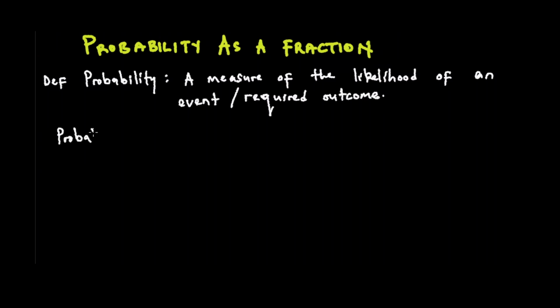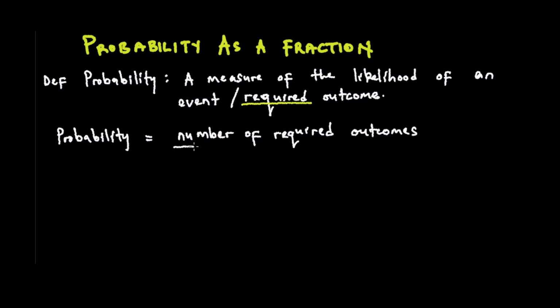Probability in mathematical terms is equal to the number of required outcomes. So, number of required outcomes, and I want you to underline the term required. I'm going to explain why it's very important. So number of required outcomes over what?